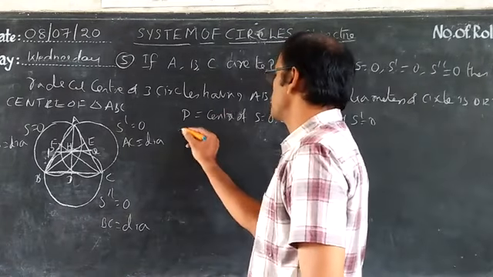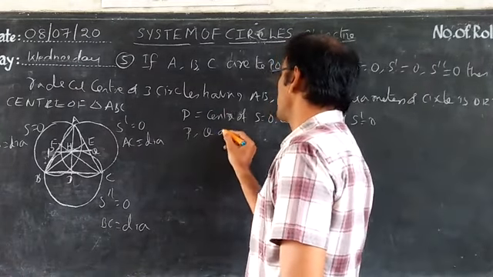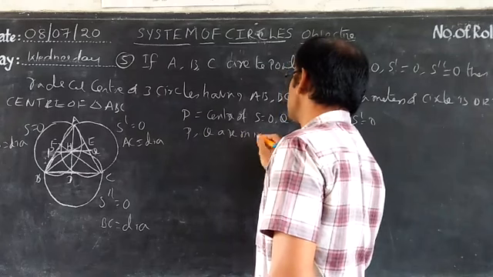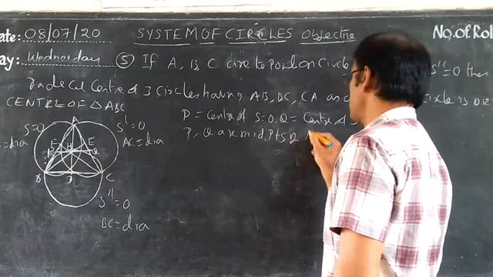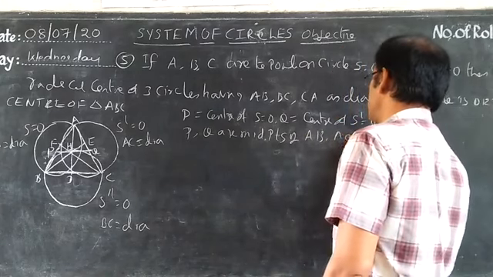So P and Q are the midpoints of AB and AC.